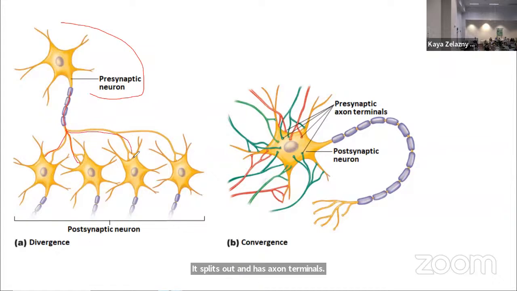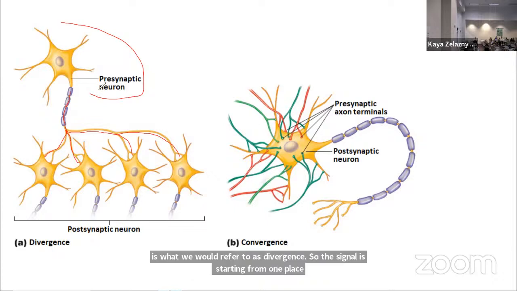So here we see 4 postsynaptic neurons, each getting that signal from the presynaptic neuron. This is what we refer to as divergence. So the signal is starting from one place and diverging, so splitting out, signaling to multiple different places.